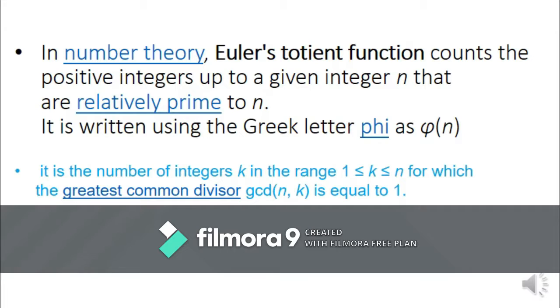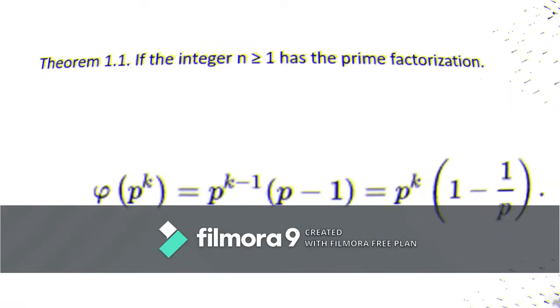Now, the totient function is also written using the Greek letter phi, as you have seen. In addition, it is the number of integers k in the range k greater than or equal to 1 and less than or equal to n, for which the GCD of n and k is equal to 1.